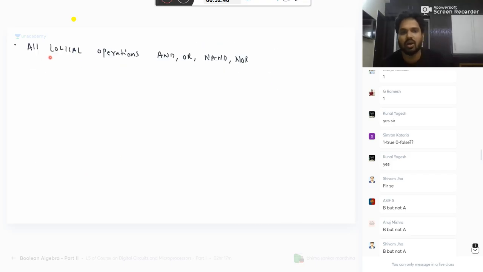Now please see. All logical operations AND, OR, NAND, NOR, XOR, XNOR satisfy the commutative property.